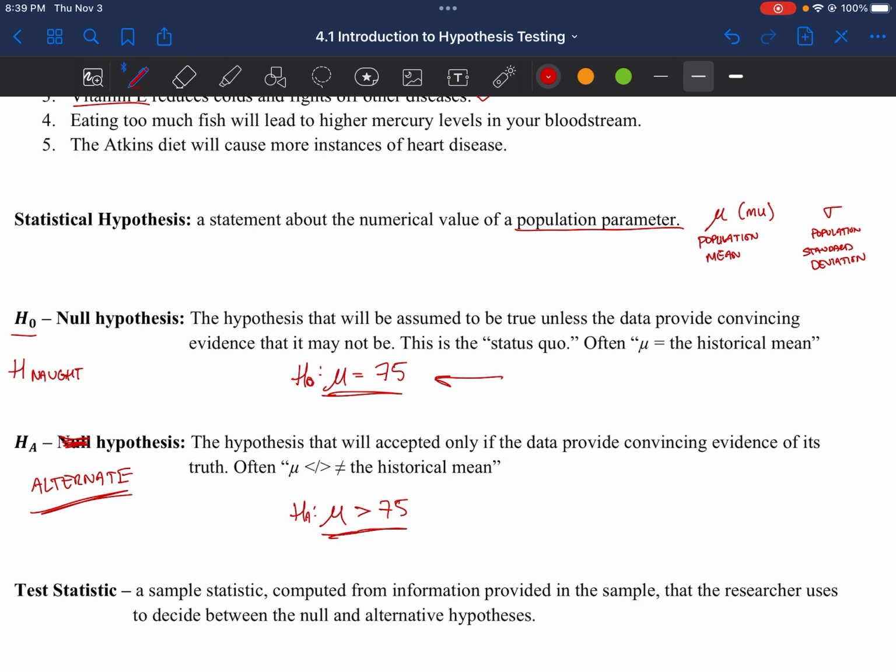That's really where we're going here. I'm probably going to use the word alternative more than alternate.